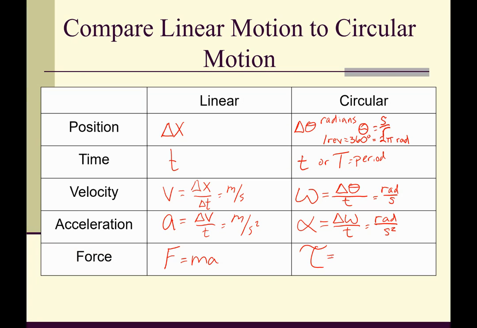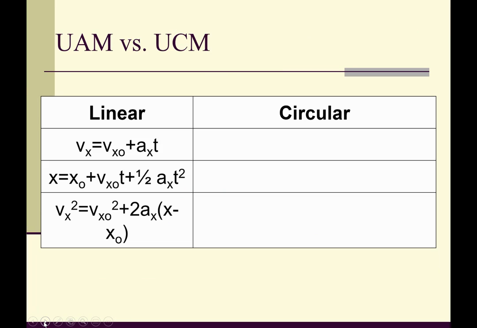And that's going to actually be equal to our force perpendicular to our distance, which is also equal to rotational inertia times angular acceleration. And we will talk about that as we go further on in the year. That's not something we're going to cover any more of in this unit.